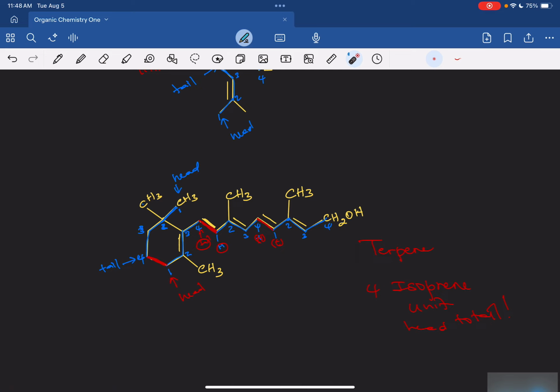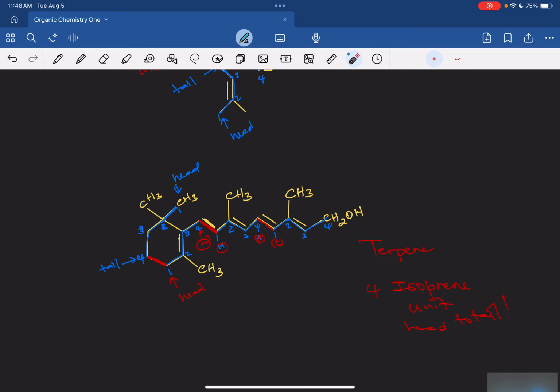So this is what I have observed when you do questions like this, right? Always remember your terpenes don't run into each other, right? They're generally linked by some type of bond, by some connection with the head to the tail.